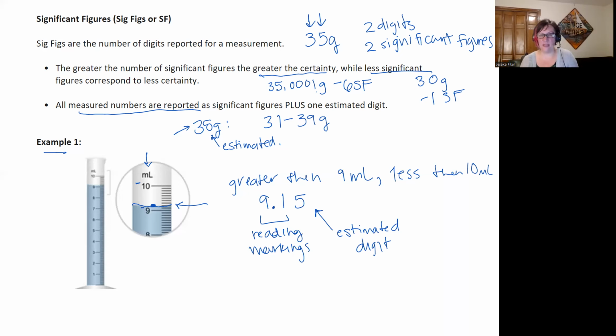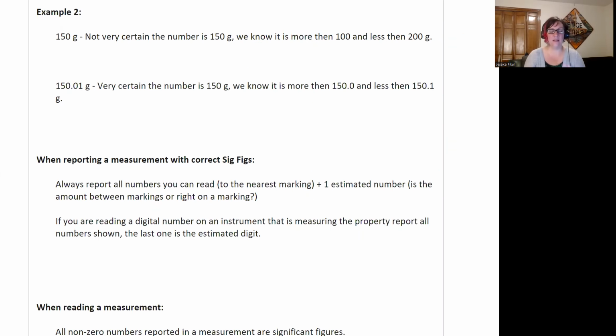So that's my estimated digit. 9.15 milliliters is the measurement that I would report with correct significant figures. This has 3 significant figures because I have 1, 2, 3 digits in the number that I'm reporting.